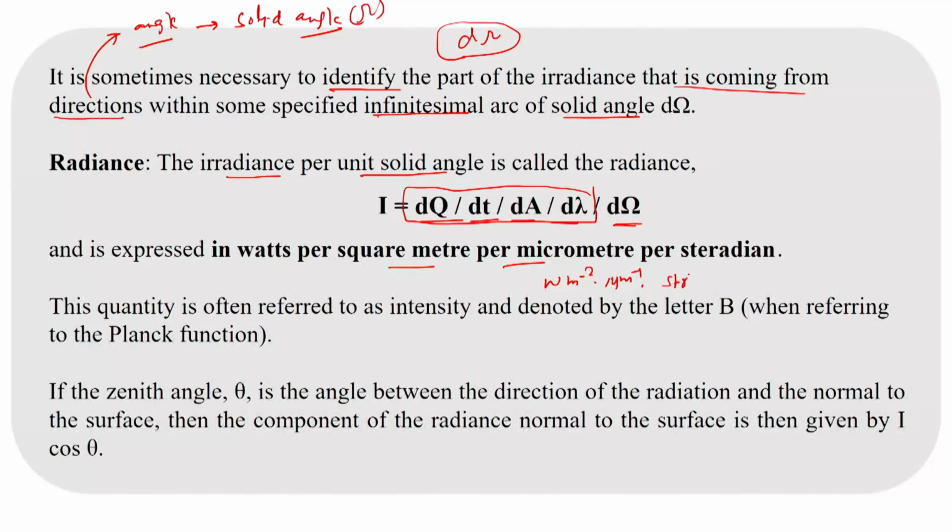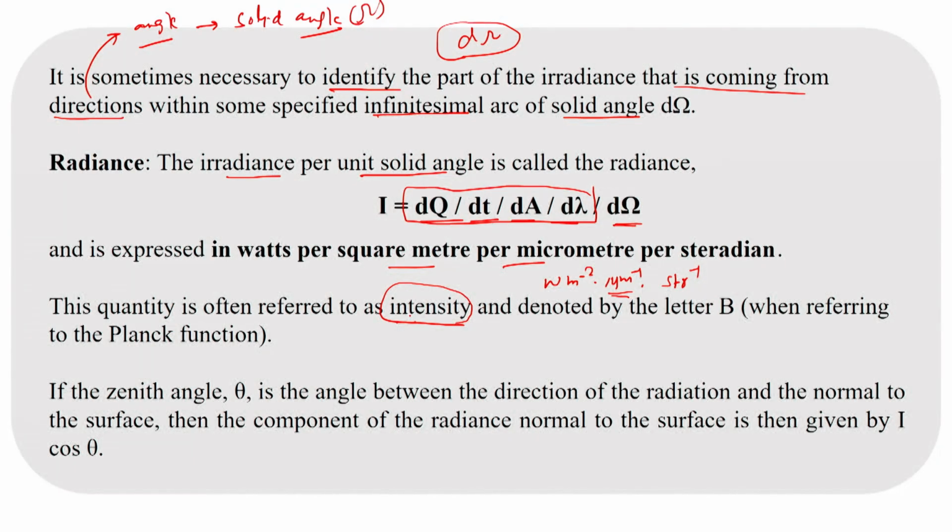STR is usually written. So these will be the units. Here remember that I have put the unit of the wavelength as micrometer. If you are putting it in micrometer, it will be micron. If you are putting it in nanometer, it will be nanometer. But the solid angle is generally given in terms of steradian. And this quantity is often referred to as intensity.